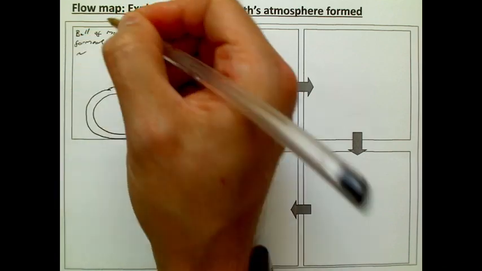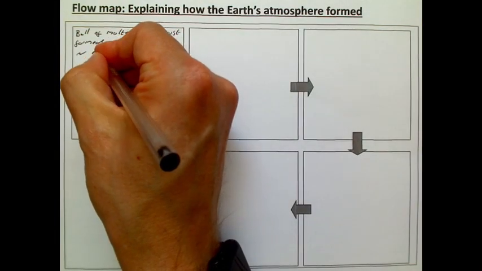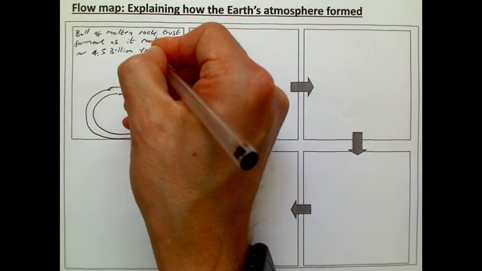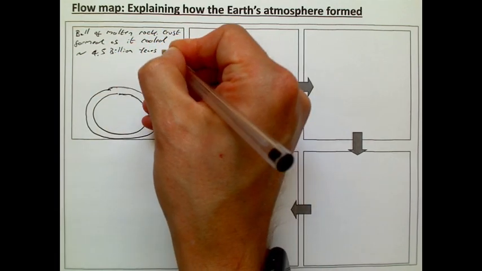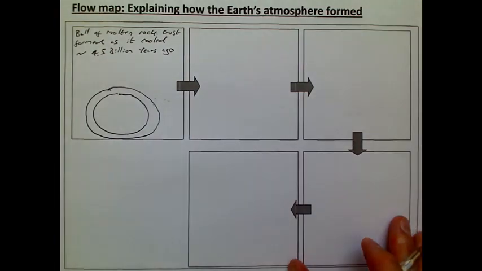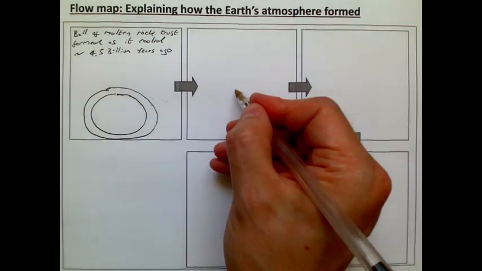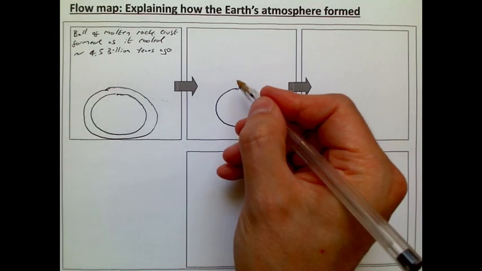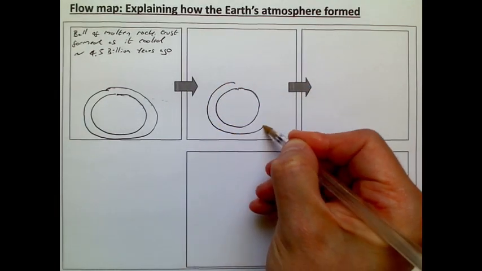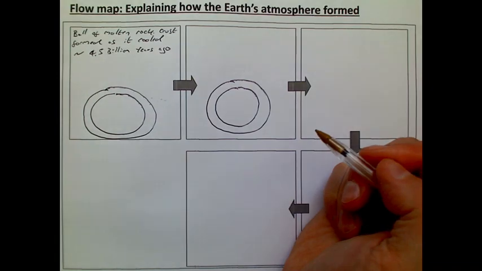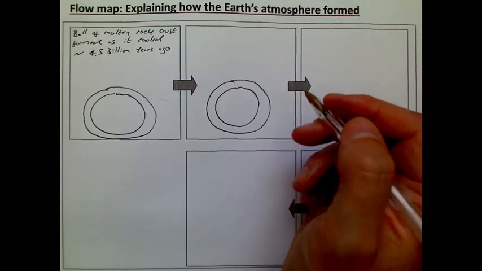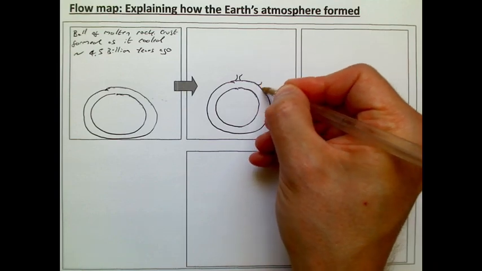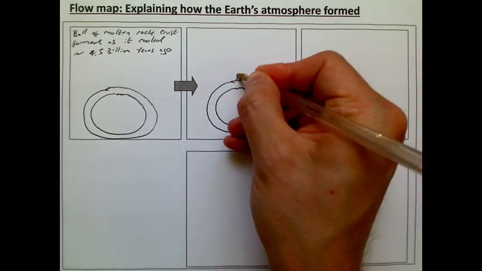And this was approximately 4.5 billion years ago. Inside that ball of molten rock, there was intense heat and pressure. So there's our early Earth. And that intense heat and pressure caused volcanoes all across the planet.